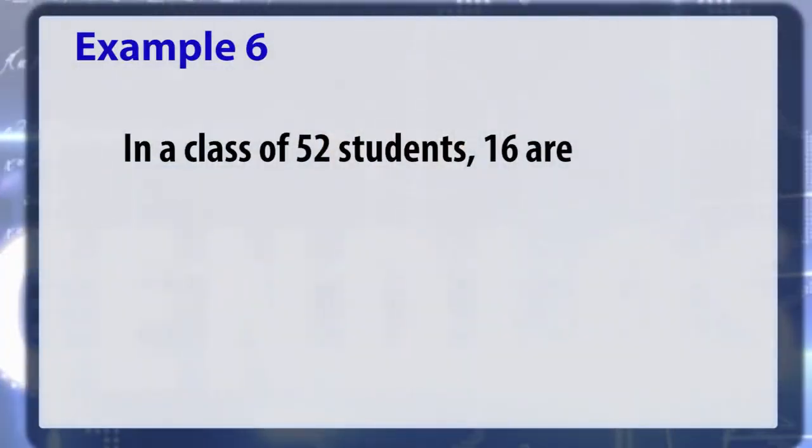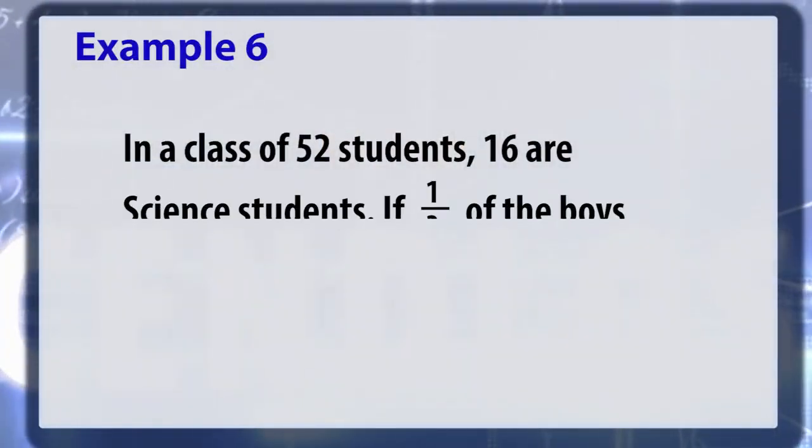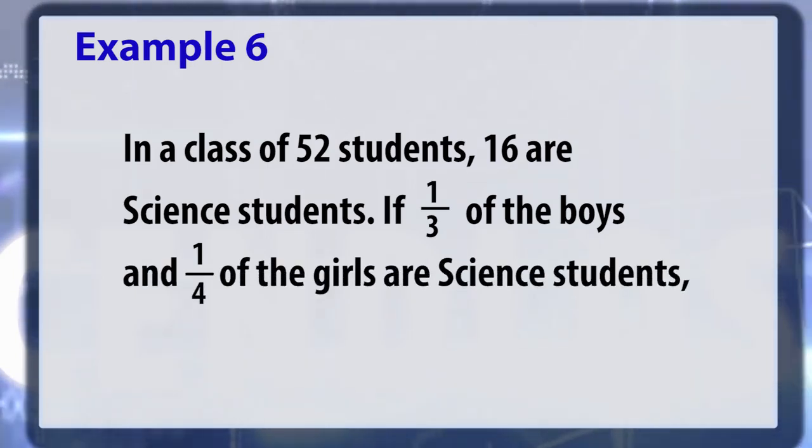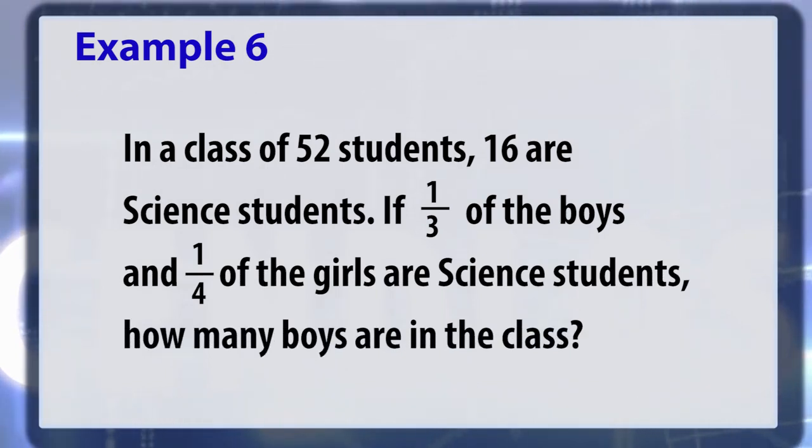Now the second part of our word problem goes this way. In a class of 52 students, 16 are science students. If 1/3 of the boys and 1/4 of the girls are science students, how many boys are in the class?